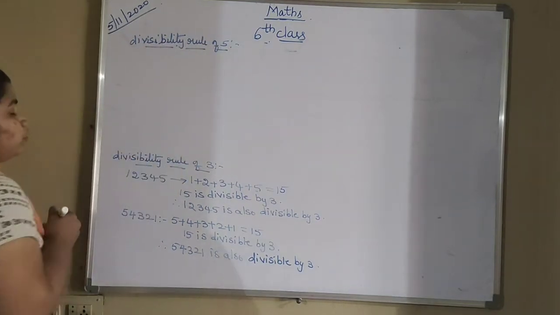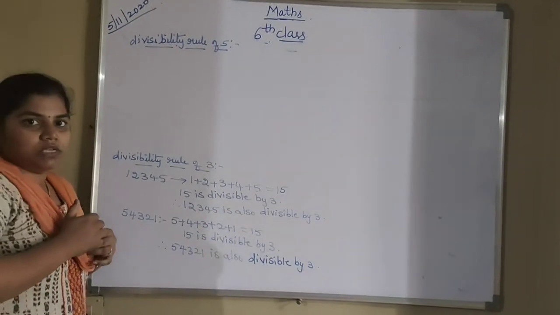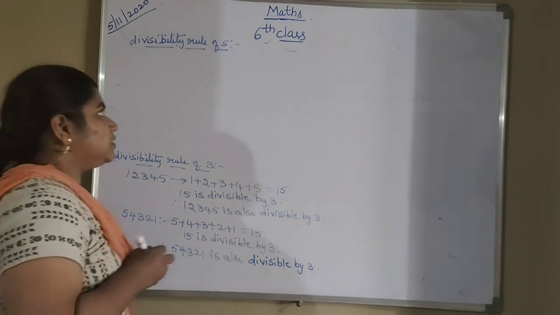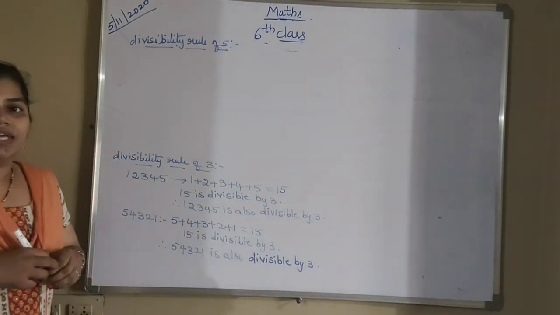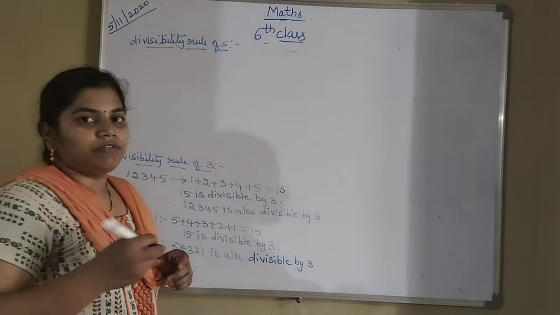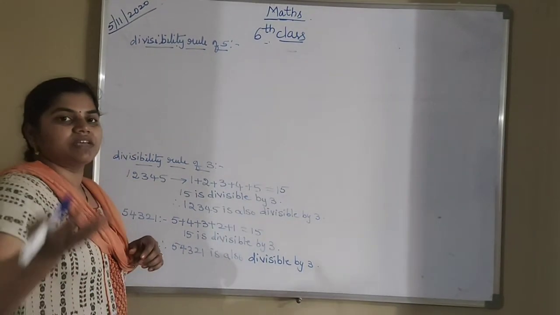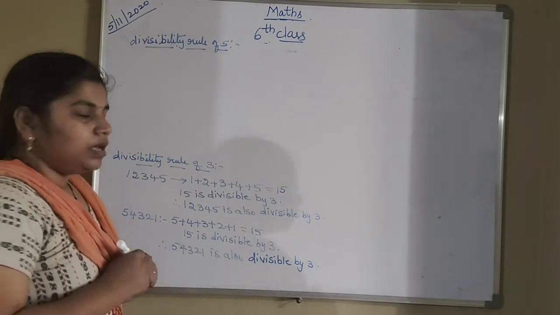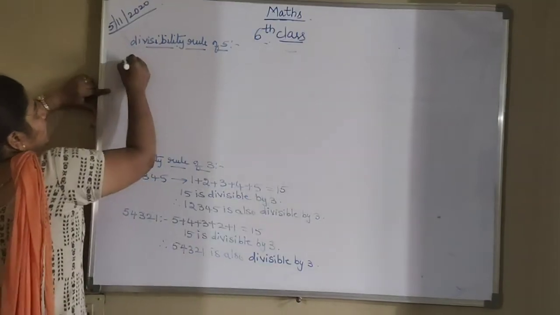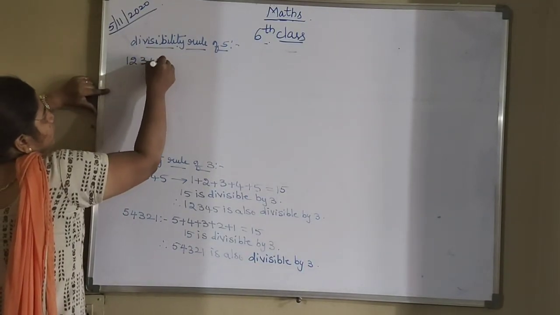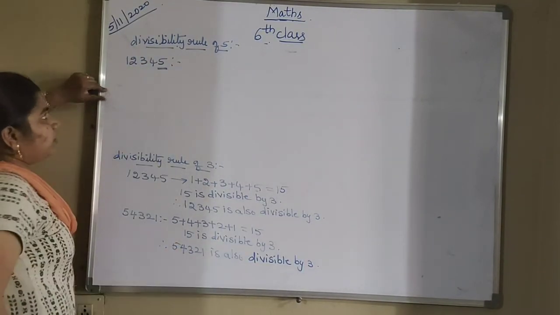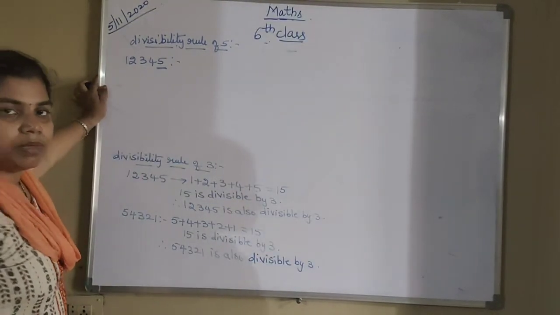So what is the divisibility rule of 5? The last digit should be 0 or 5. If the last digit is 0 or 5, we can say they will be divisible by 5. If it is any other number, it will not be divisible. What is the last digit here? 5. So it will be divisible by 5.